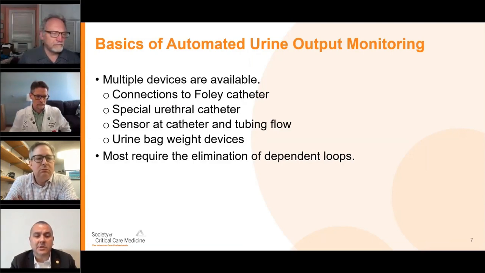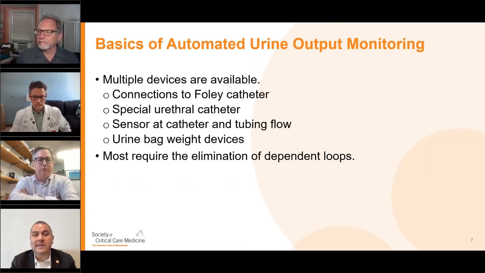Some of them have a sensor at the catheter and where the actual urinary catheter attaches to the tubing. And some of them are simply just weighted devices that we attach to the urine bag. I was thinking before this lecture about me running the old school CRRT machines that were very weight sensitive.